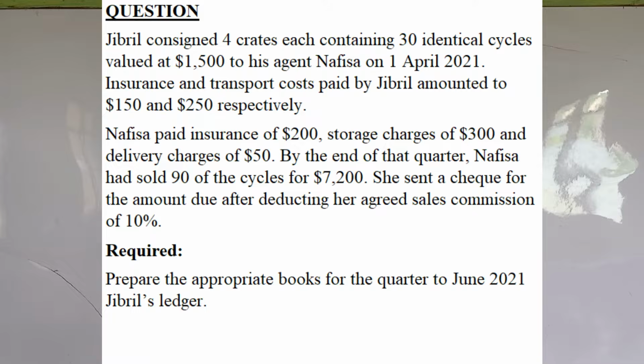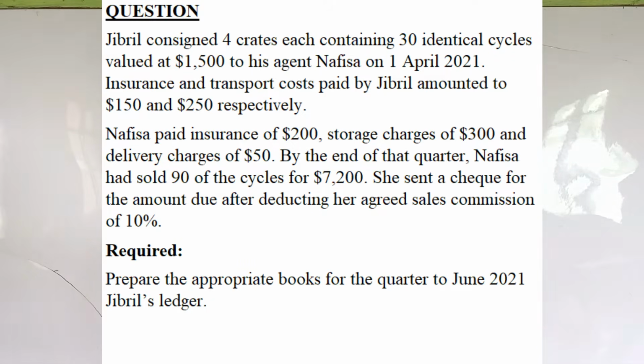Nafisa paid insurance of $200, storage charges of $300, and delivery charges of $50. By the end of that quarter, Nafisa had sold 90 of the cycles for $7,200. She sent a check for the amount due after deducting her agreed sales commission of 10%. Required: prepare the appropriate books for the quarter to June 2021 in Jabril's ledger.